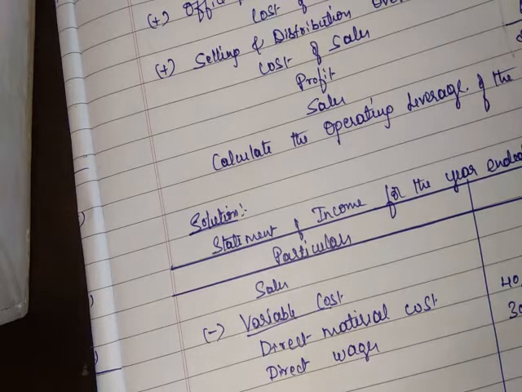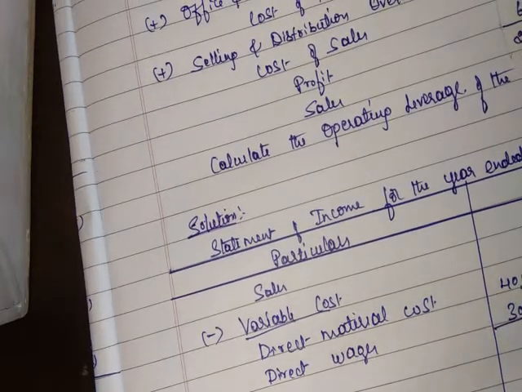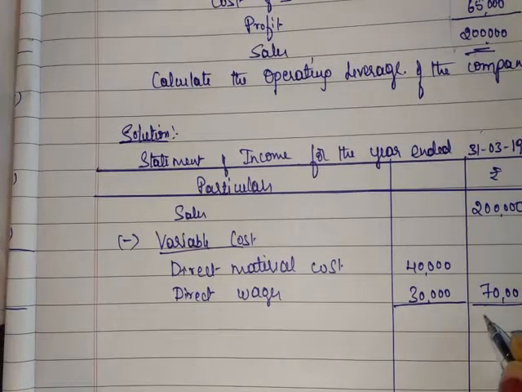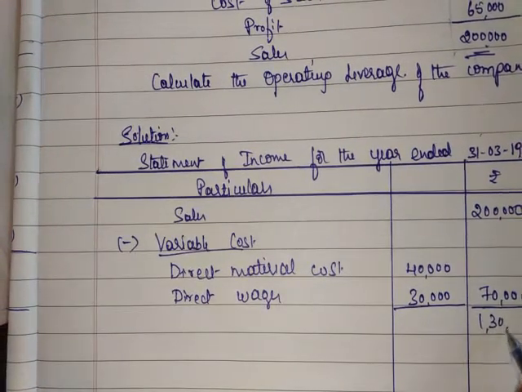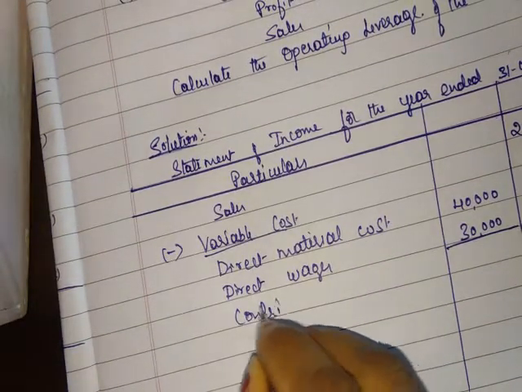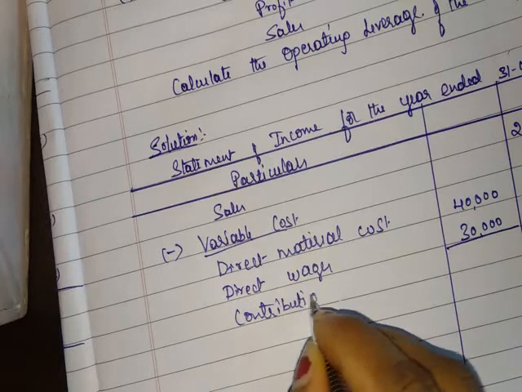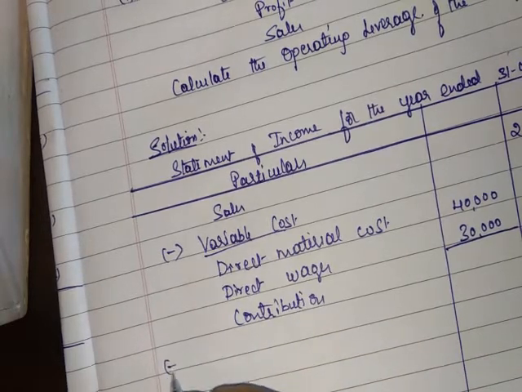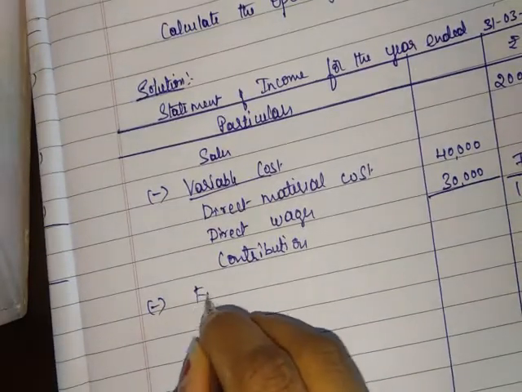So total variable cost is 70,000, deducted from sales, and the answer, contribution, is 1,30,000.